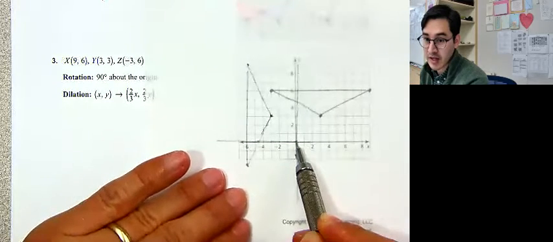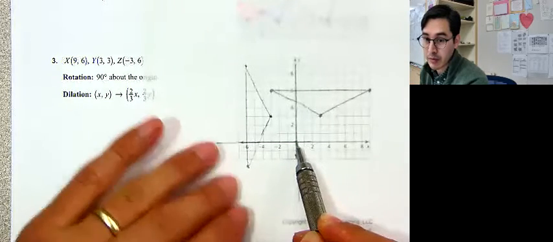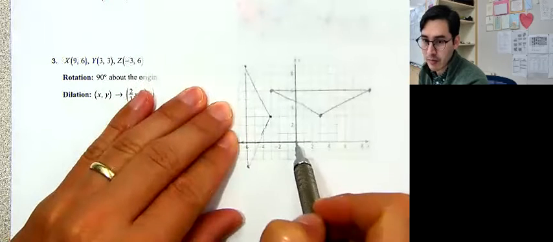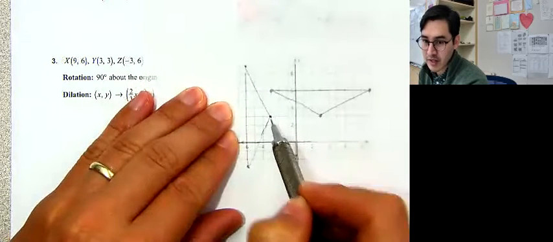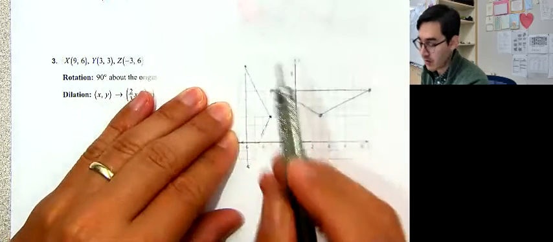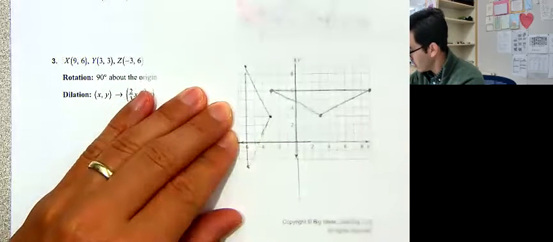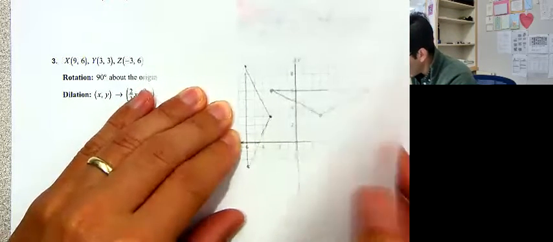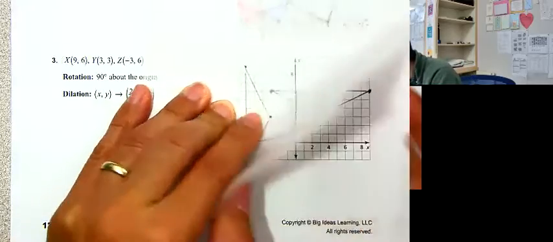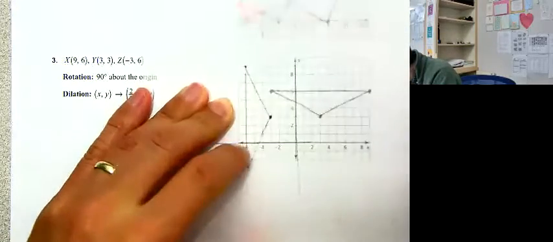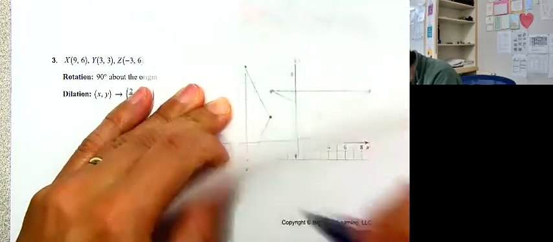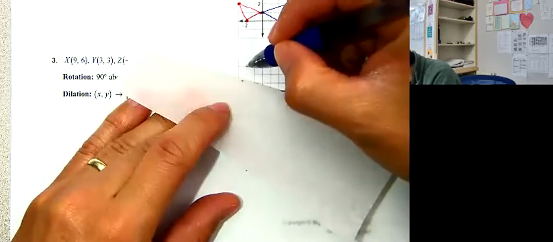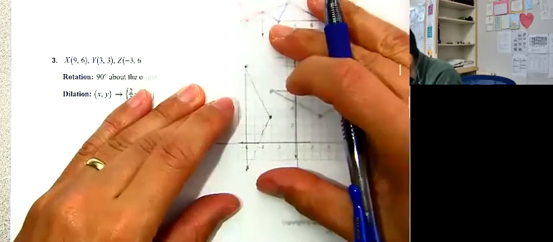Okay, and just wait till the axes line up again. Boom, there it is. Okay, so our new triangle is going to have vertices here, here, and there.